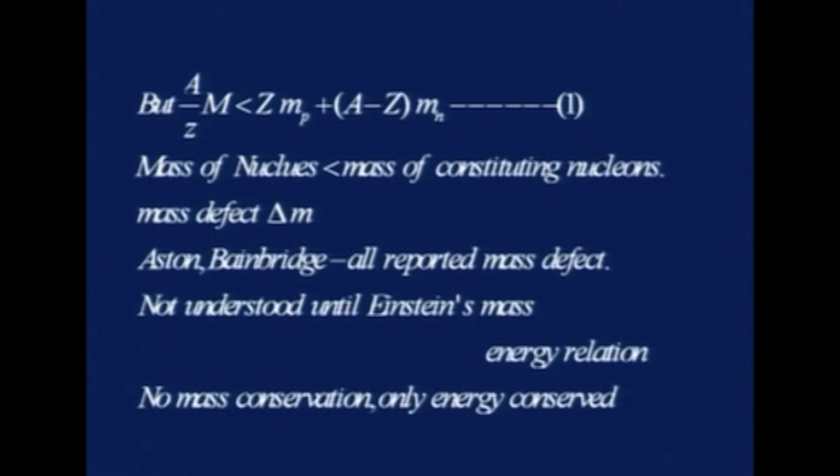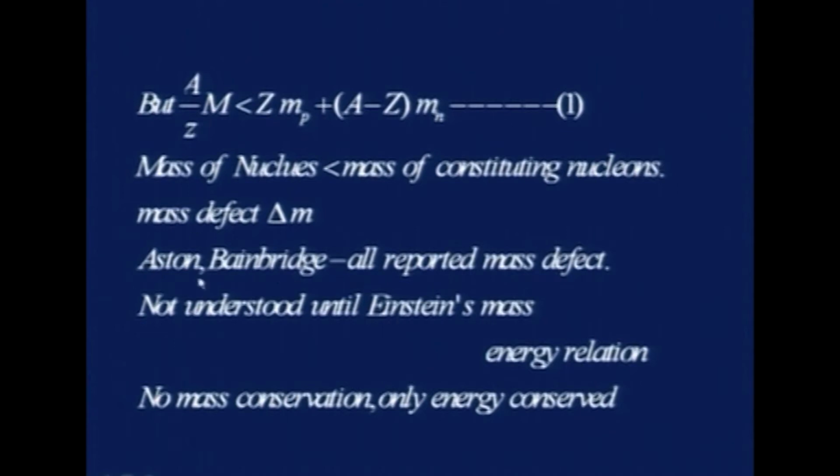In the case we discussed, the alpha particle has 2 neutrons and 2 protons. If we put all the mass together, that should be the mass of the helium atom, but that was not so. So there is always a mass defect. When the nucleons combine, they lose mass. We denote that as delta M, the mass defect.